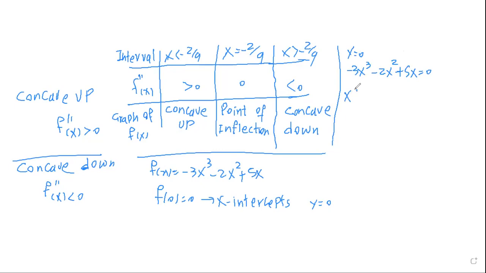After factoring out x, you get negative 3x squared minus 2x plus 5 is 0.